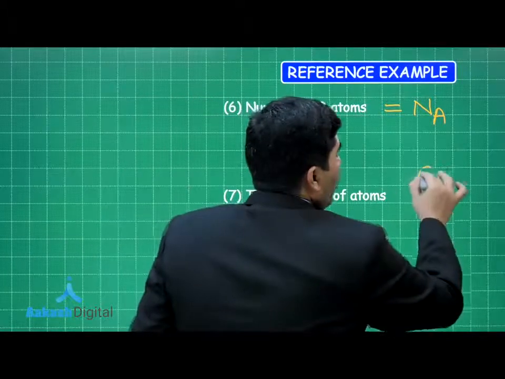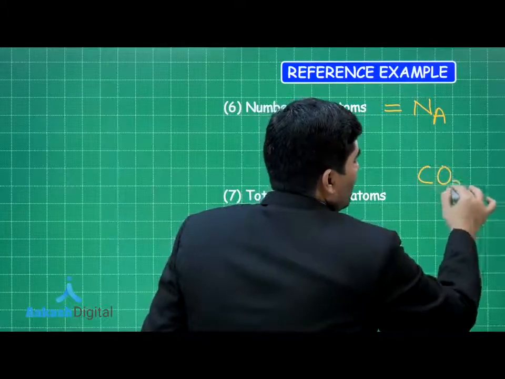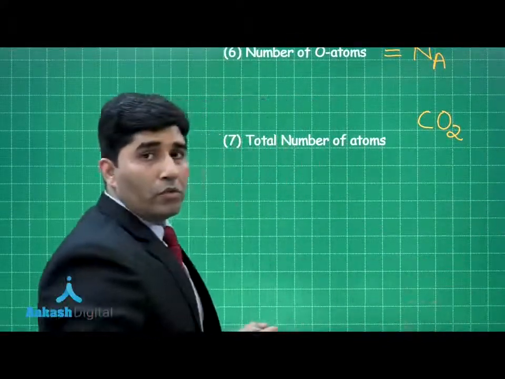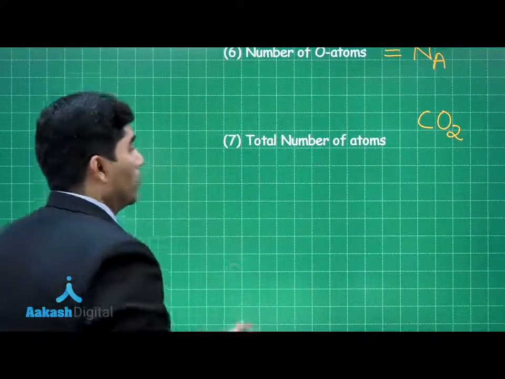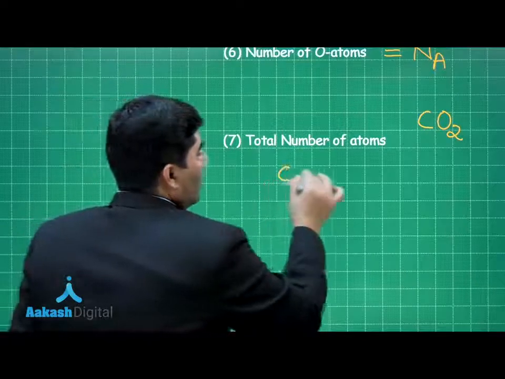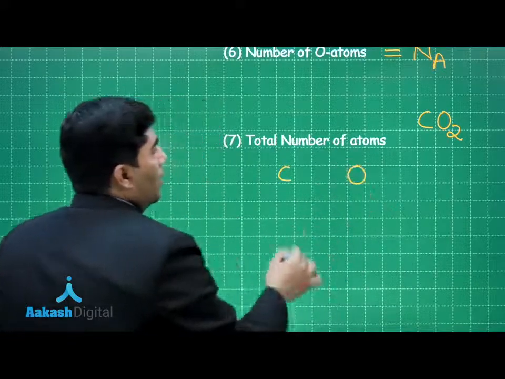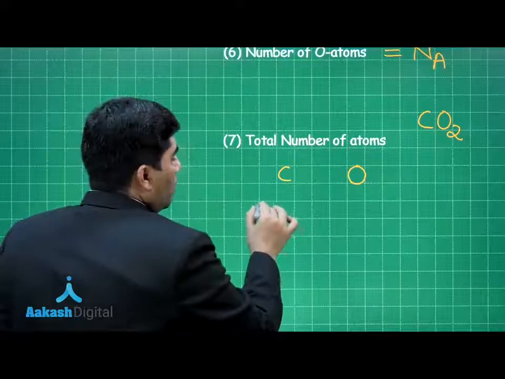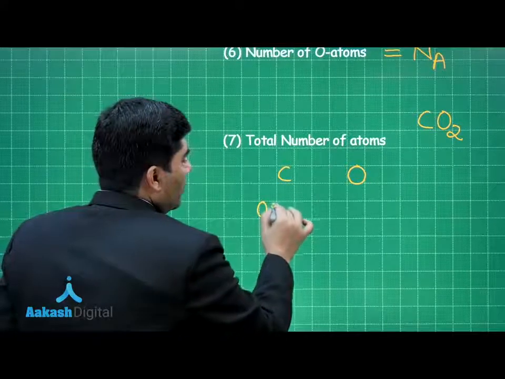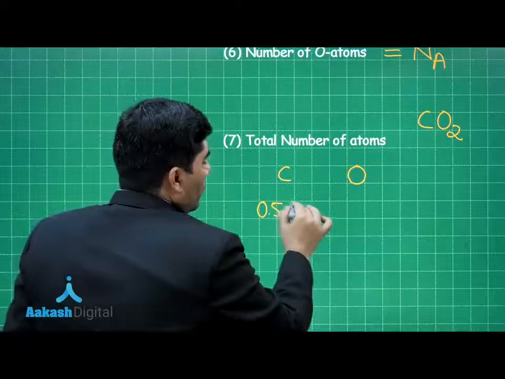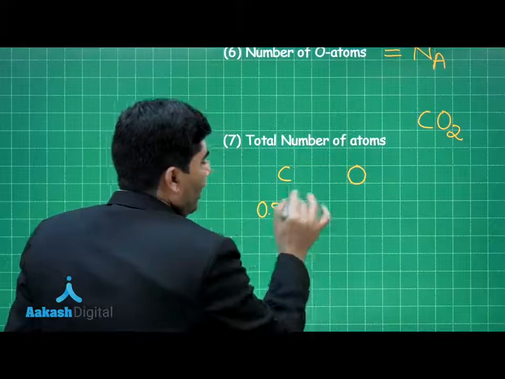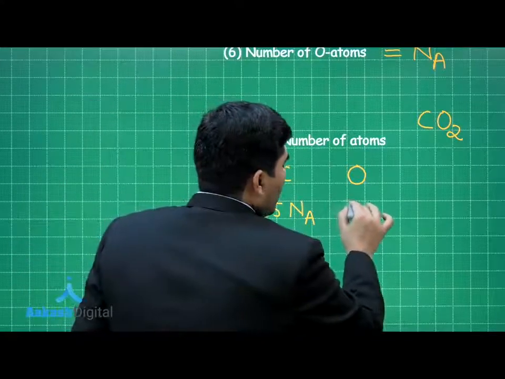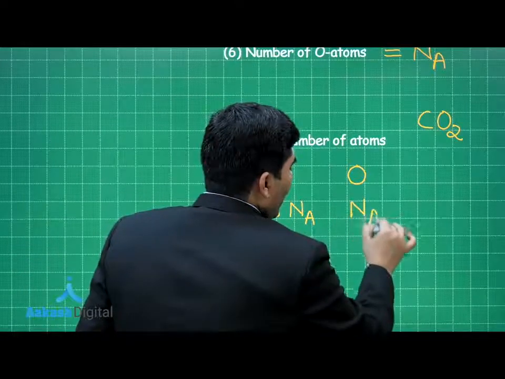We are talking about carbon dioxide. Carbon dioxide contains carbon also and oxygen also. In this particular question, we have carbon, oxygen. The number of carbon atoms is equal to 0.5 into Na, that we have already found, and of oxygen we have Na.